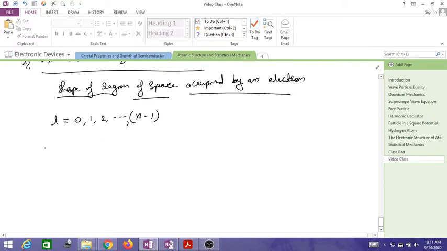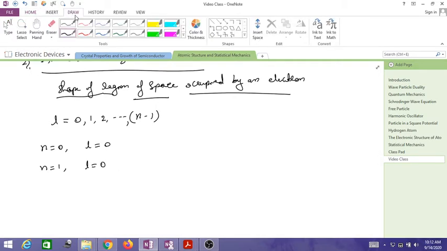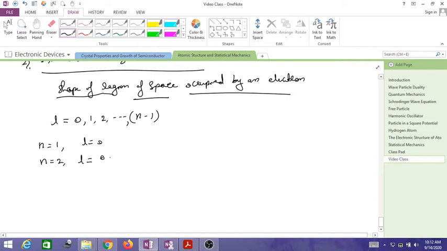For example, if I take n equal to 0, then L is 0. Sorry, my mistake, n cannot be 0. I'll erase this. If we take n equal to 1, then L is equal to 0. If n is equal to 2, then L is equal to 0 and maximum 1. And if n is equal to 3, then L is equal to 0, 1 and 2.